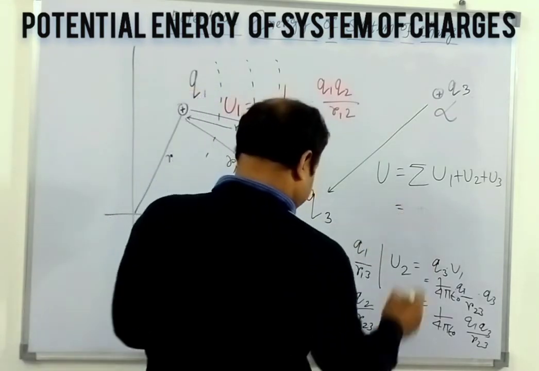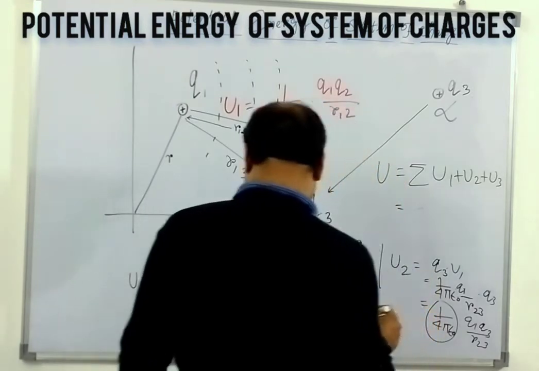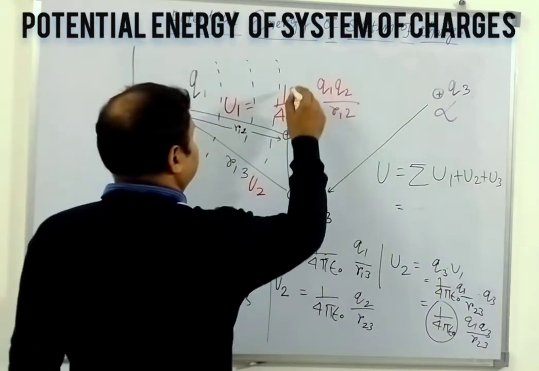Here 1 by 4 pi epsilon naught is the common constant everywhere.